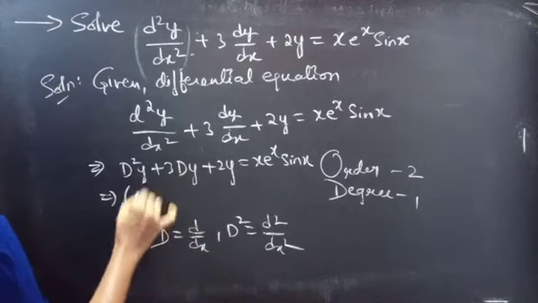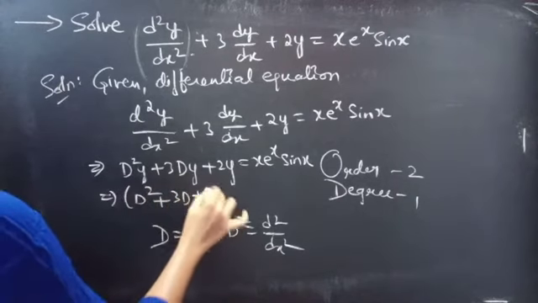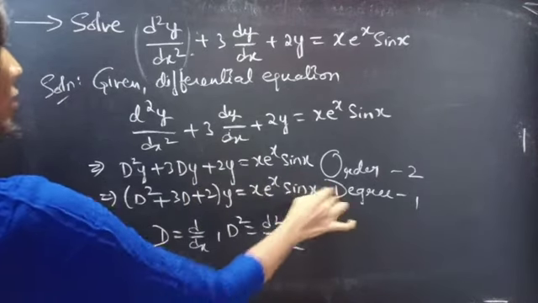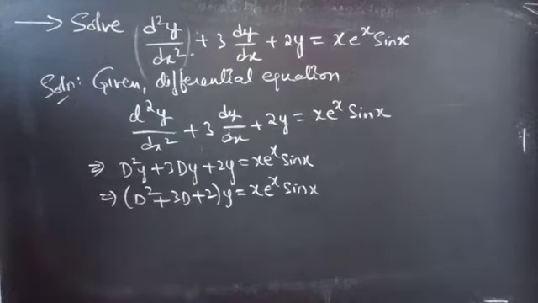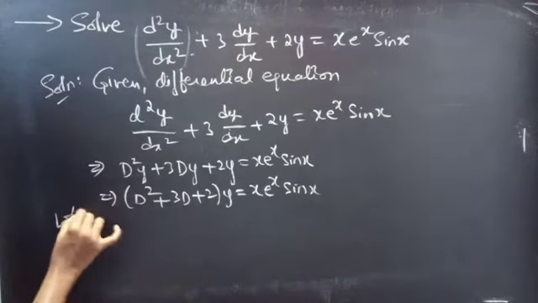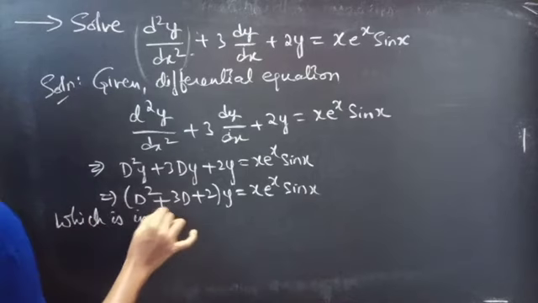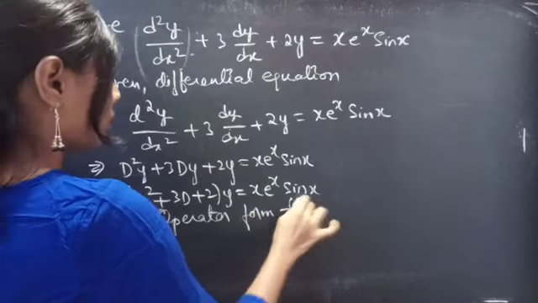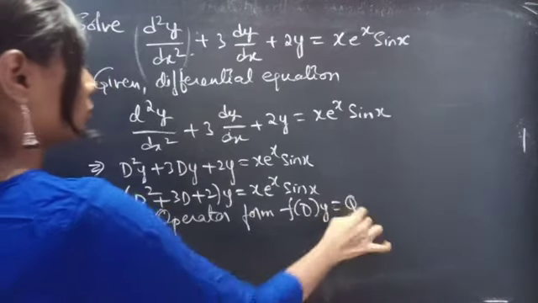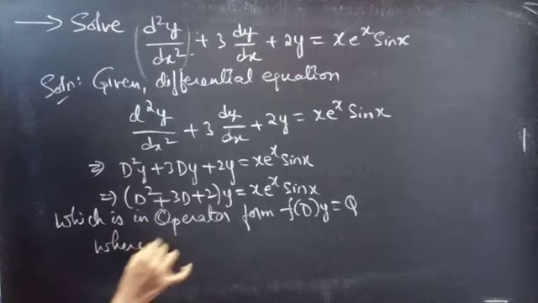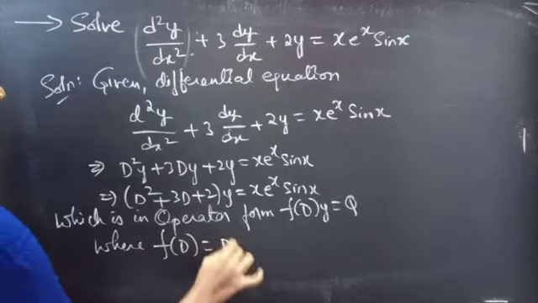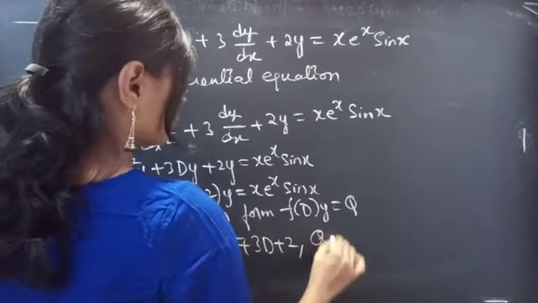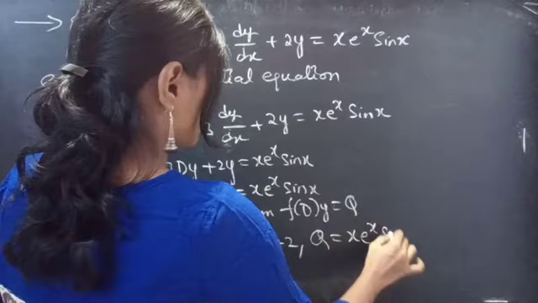We'll get (D² + 3D + 2) y = x e^x sin x, which is in operator form f(D) y = Q, where f(D) = D² + 3D + 2 and Q = x e^x sin x.